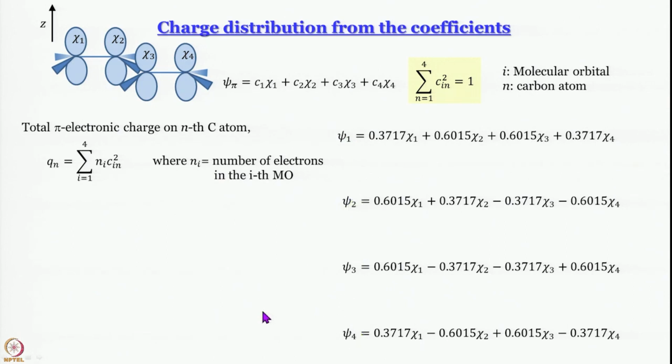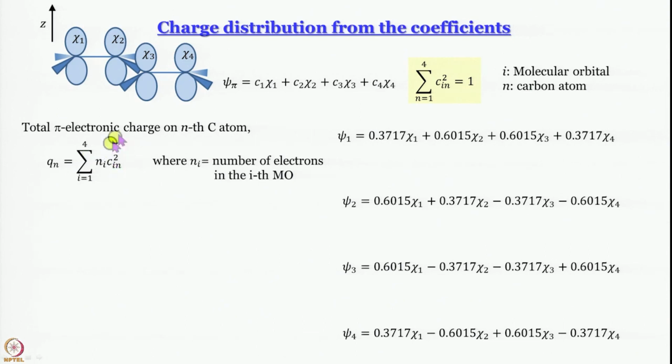Okay. Now, you have to multiply that number by Cin square. Cin square, remember, is the coefficient of the ith molecular orbital in the nth carbon atom, or the other way around, whatever you want. So, if you take Ni Cin square, what is it?